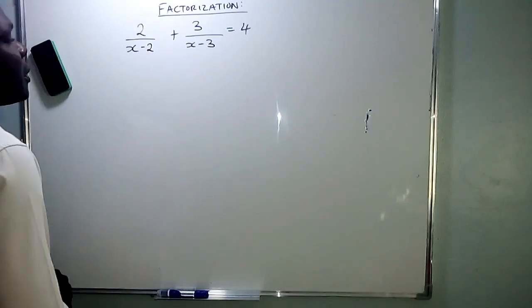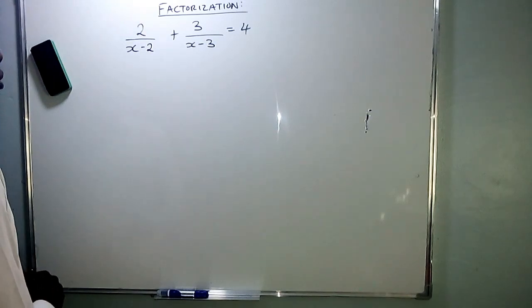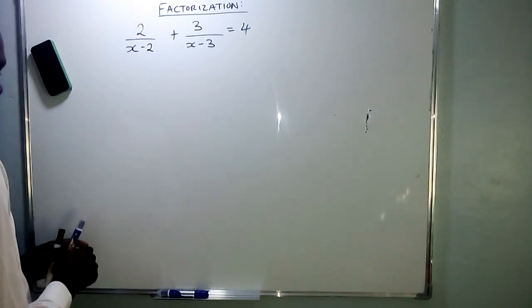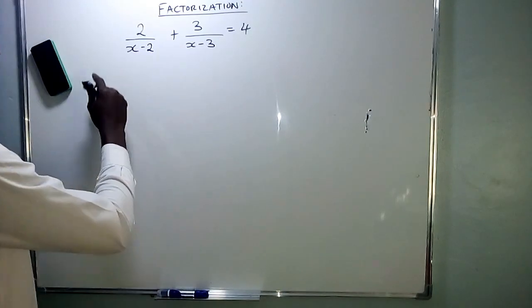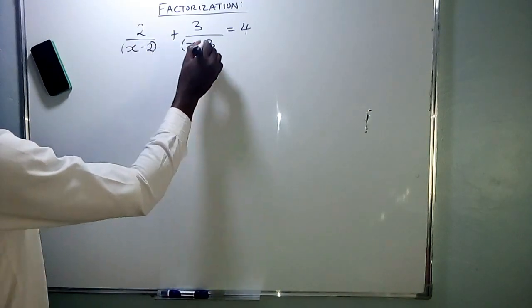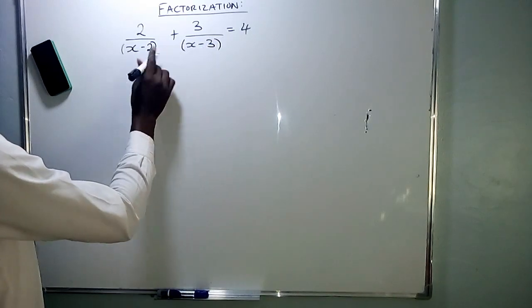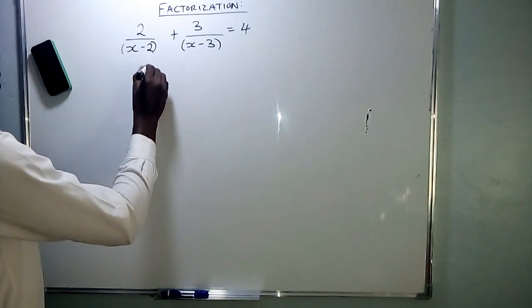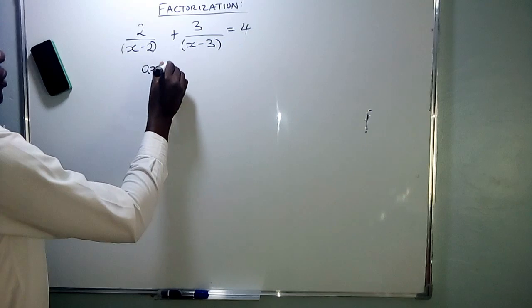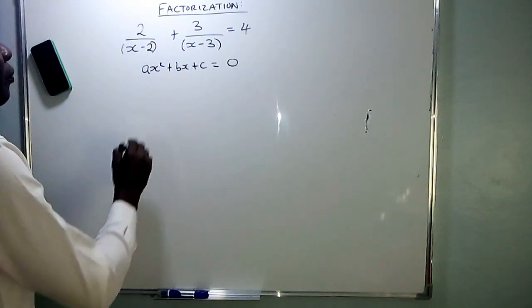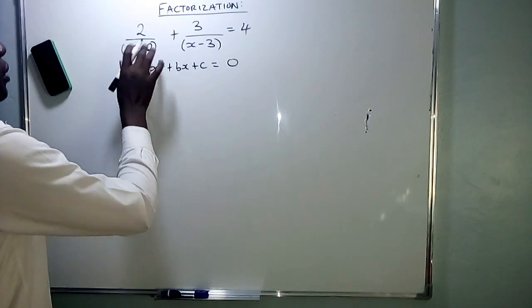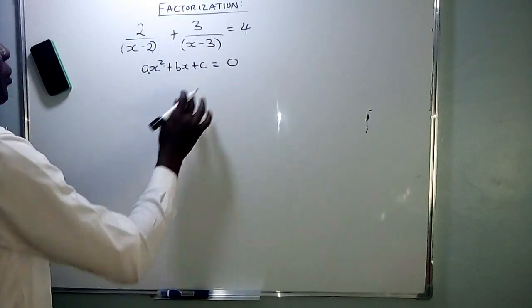Now, the first thing we do to solve a quadratic problem using factorization is to ensure that it is in the form of a standard quadratic equation. A standard quadratic equation is ax² plus bx plus c is equal to 0. So the task is to ensure that this equation is in that form, isn't it?